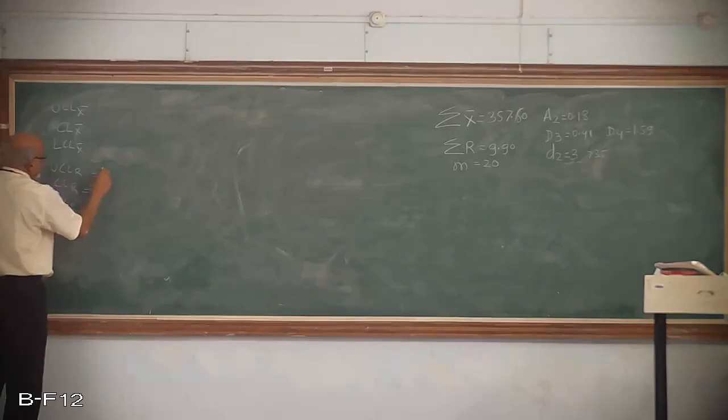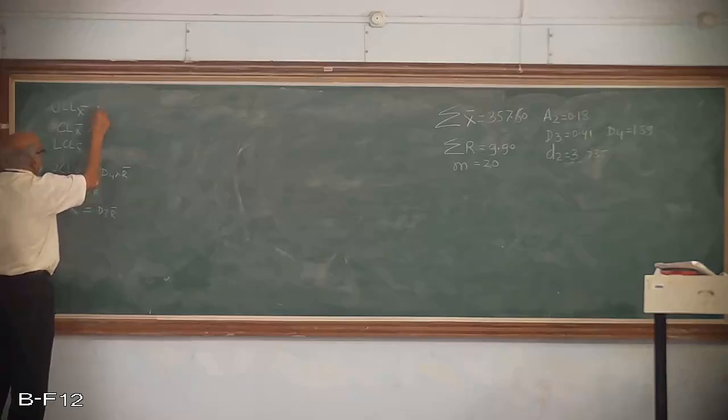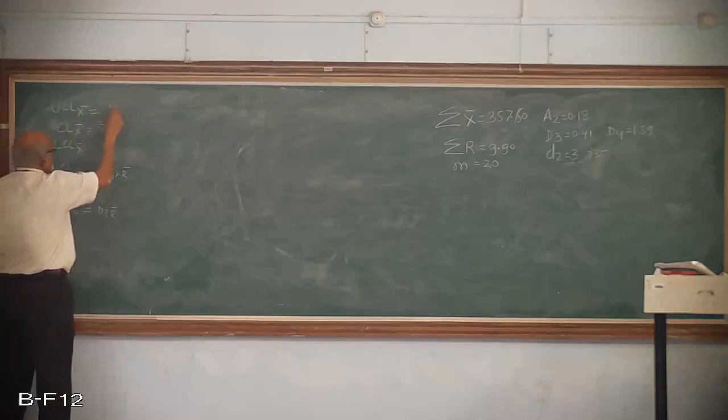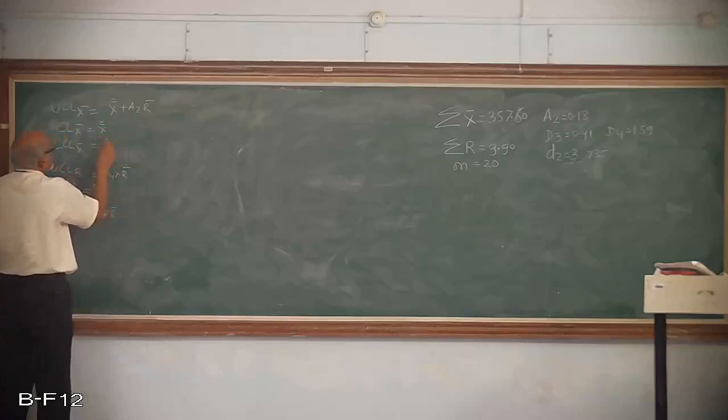Here it is D4 into R bar. Here it is D3 into R bar. Here it is X double bar. And the upper control limit for X bar is X double bar plus A2 R bar, and the lower control limit of X bar chart is X double bar minus A2 R bar.